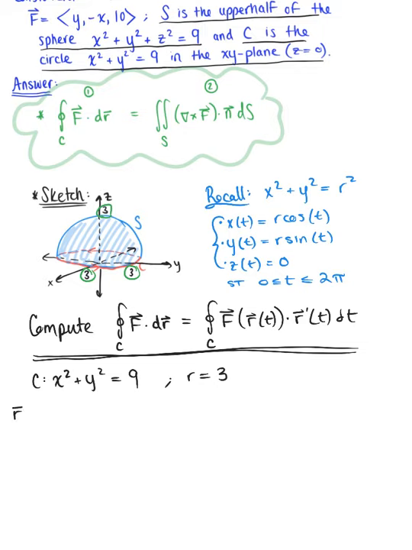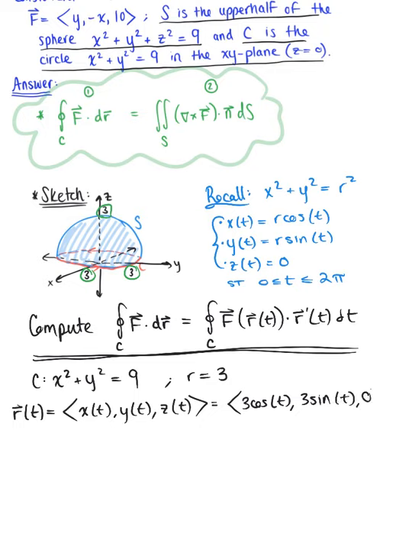So our parametric representation for this circle, vector r of t, is defined by the components x of t, y of t, z of t. And since our radius is 3, the x component will be 3 cosine of t. The y component will be 3 sine of t. And the z component is 0. And this is such that t is greater than or equal to 0, less than or equal to 2 pi.